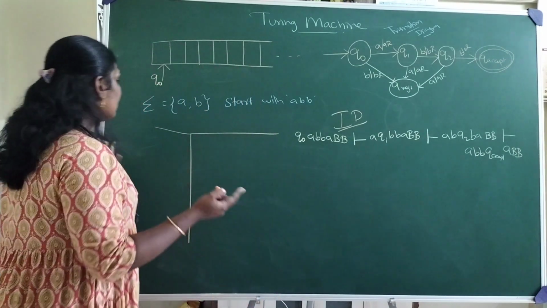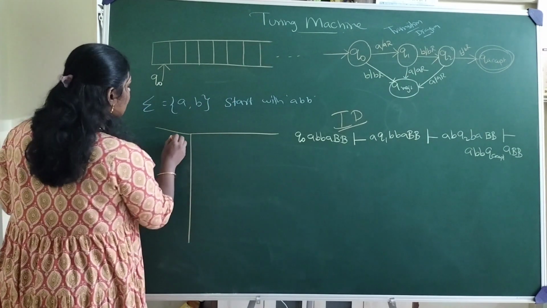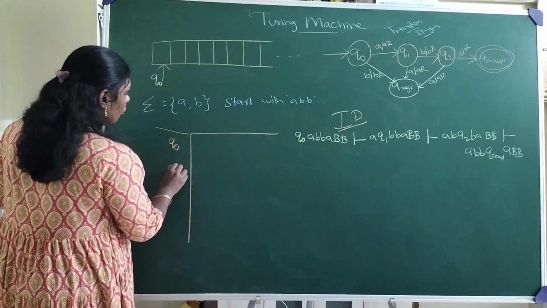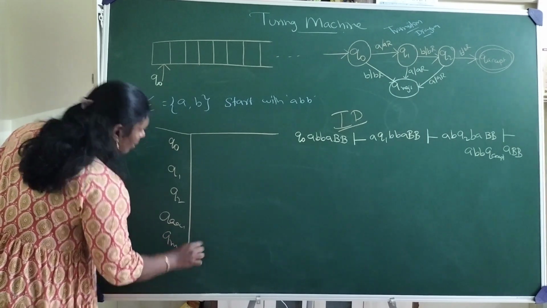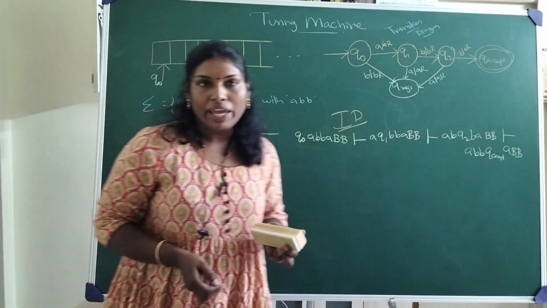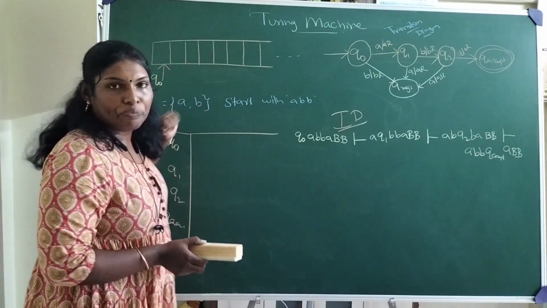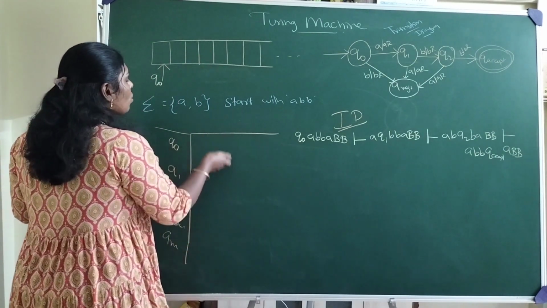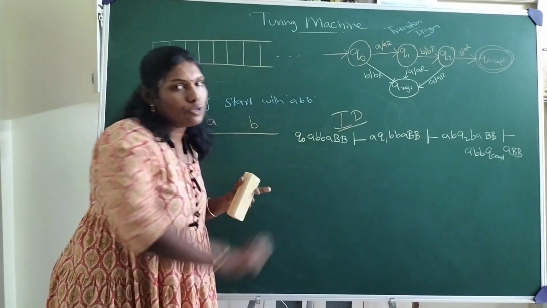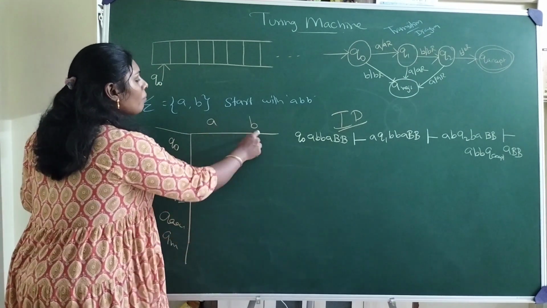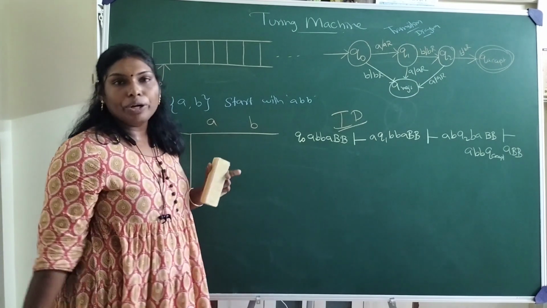In your transition table, on one side we have all the states: Q0, Q1, Q2, Q accept and Q reject. Each step's transition is based on the element written on the tape. Here my inputs are A and B, and the tape elements are also A and B. So for all the states, on the element in the tape, you write the transition.